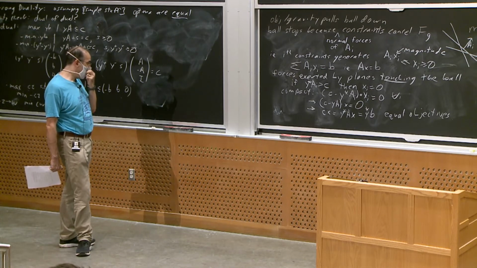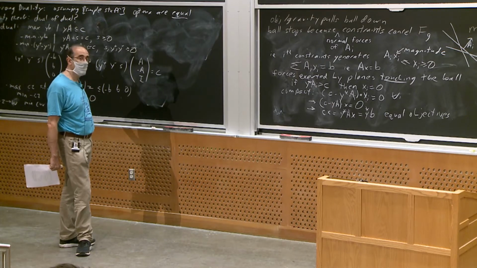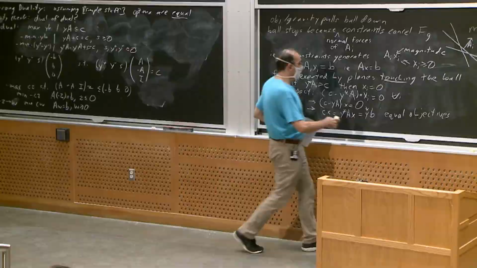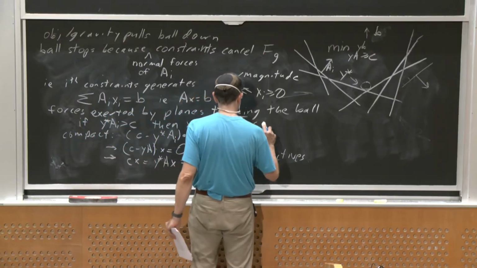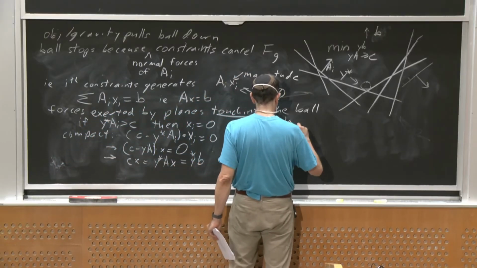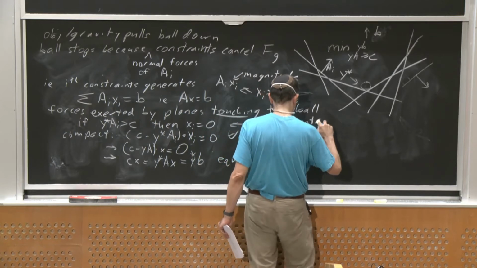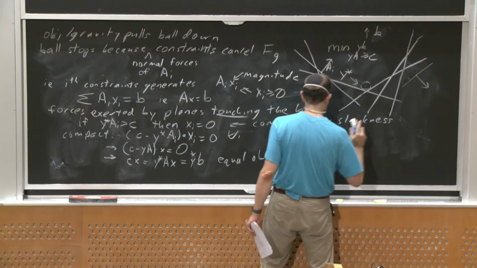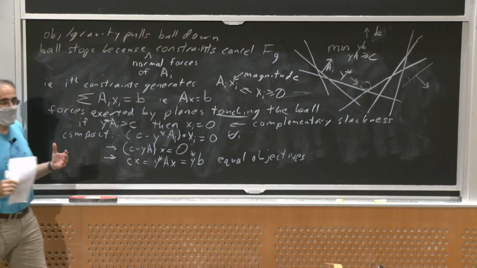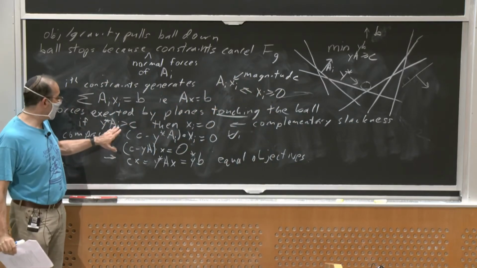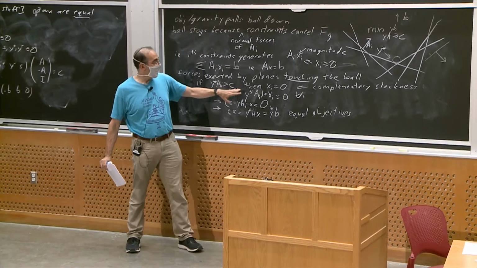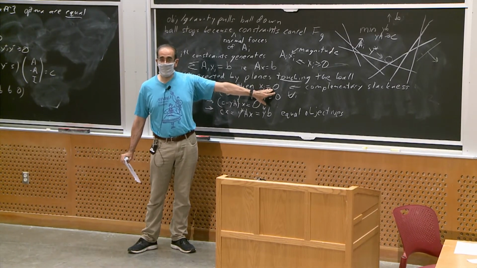Can I add to that intuition? What is complementary slackness? It is this statement right here. It says that the complementarity is that if the constraint is slack, then the corresponding variable is 0.